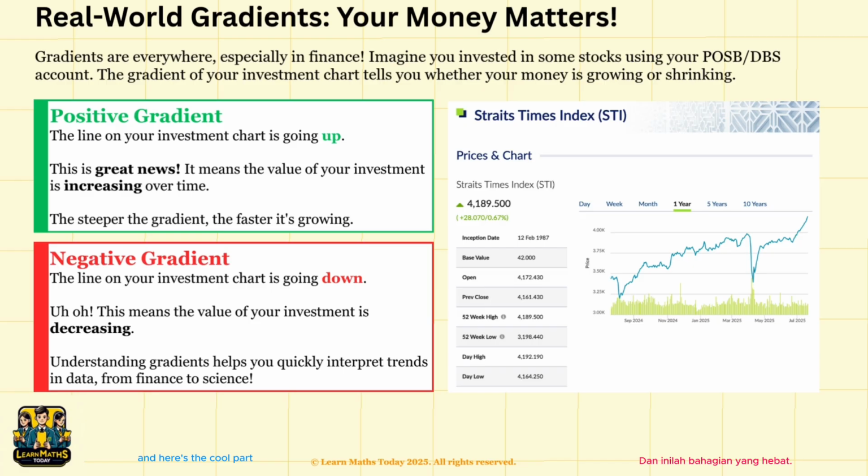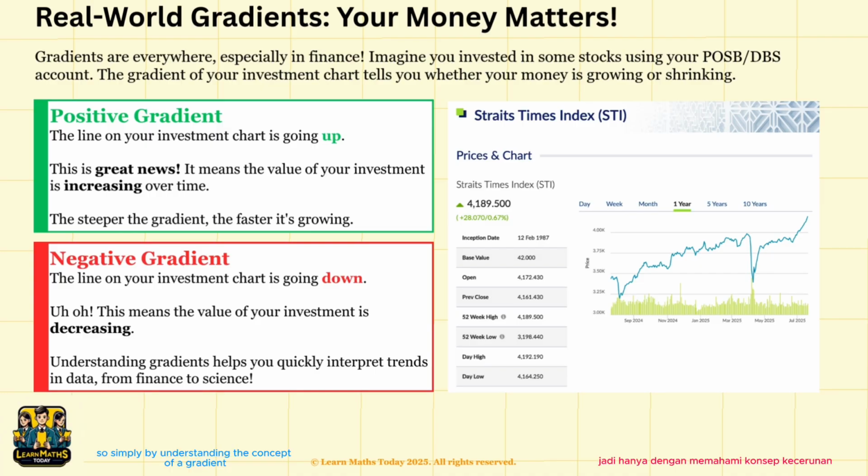And here's the cool part. The steeper that positive gradient, the faster your money is growing. Imagine seeing your savings climb rapidly. That's a steep positive gradient at work. But what if you see a section with a negative gradient? That means the line on your investment chart is going downwards. Oh, this tells you that the value of your investment is currently decreasing.